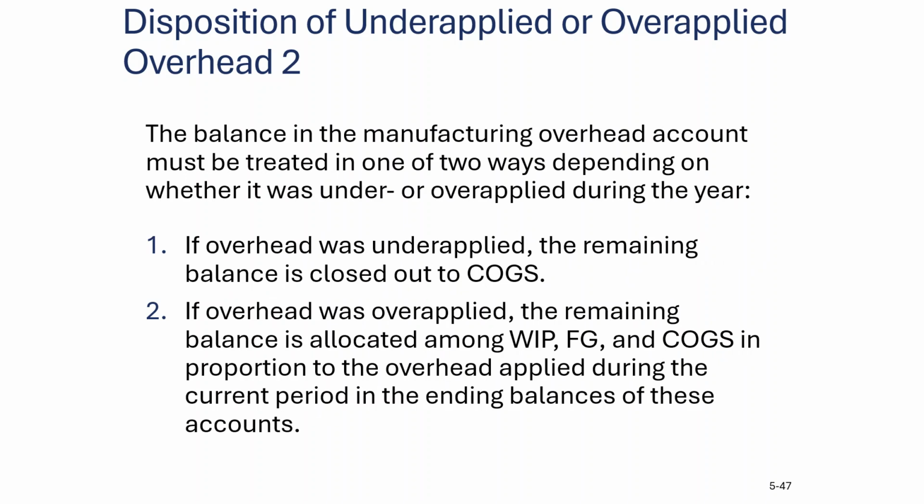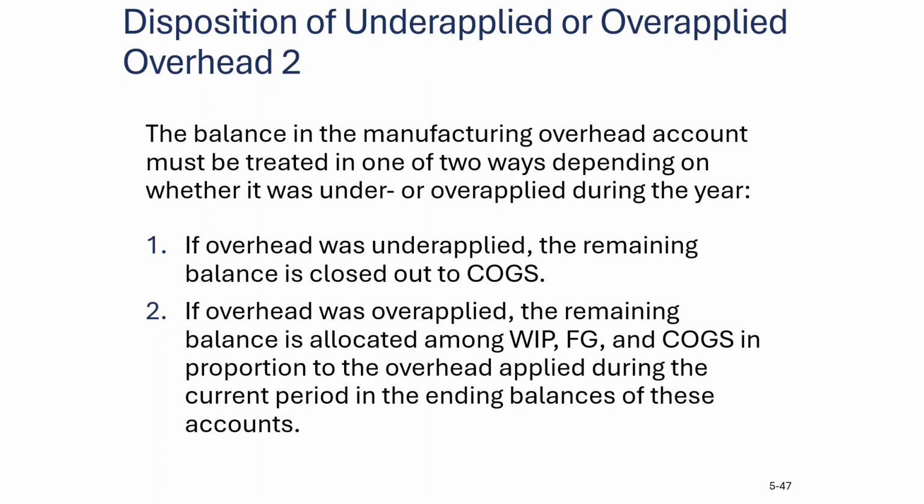So the balance in manufacturing overhead must be treated in one of two ways. We can give you two options, but IAS 2 states that we need to expense it in the period as it is incurred. So that means we're going to have to move that underapplied or overapplied amount to the cost of goods sold.